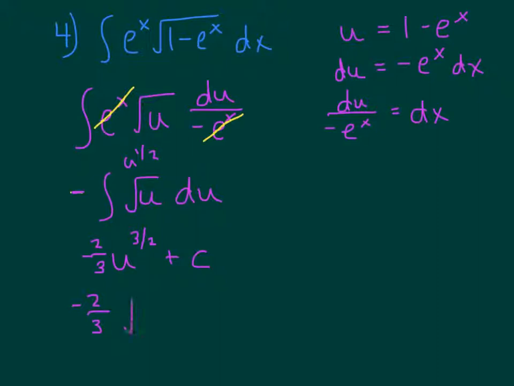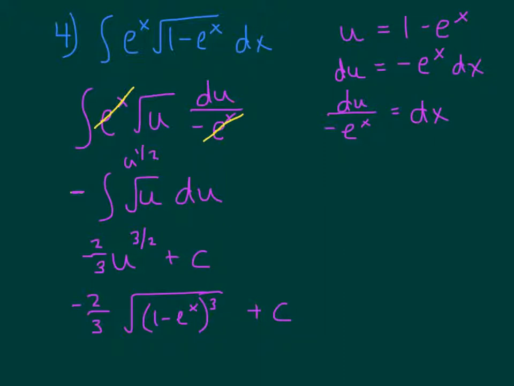So it'd be the square root of 1 minus e to the x quantity cubed plus c. And of course that's because if it's to the 3/2, the denominator is your root, so that's where the square root came from, and the numerator is your exponent. So I had to take that whole u value, 1 minus e to the x, and cube it.